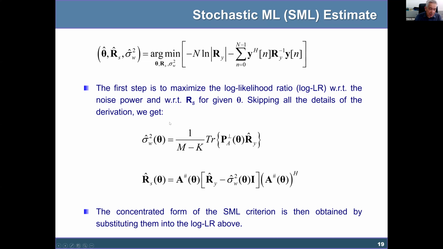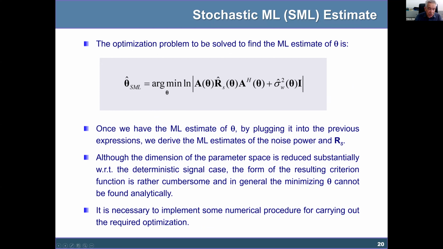We can express the maximum likelihood estimators of the noise power and of the matrix Rs as a function of theta in this way. These are the expressions of the two maximum likelihood estimators as a function of theta. Then we replace these in the functional, so we eliminate the dependency on Rs and sigma w, and we come up with a compressed functional that depends only on the direction of arrival.